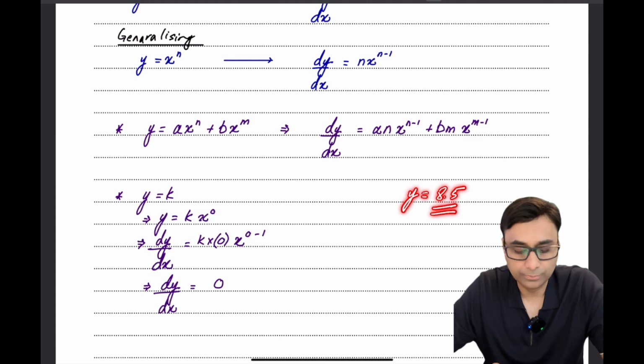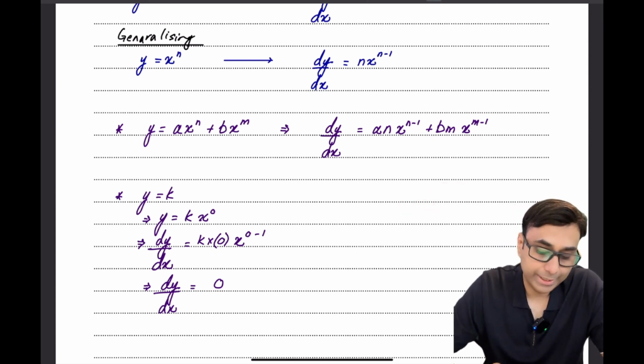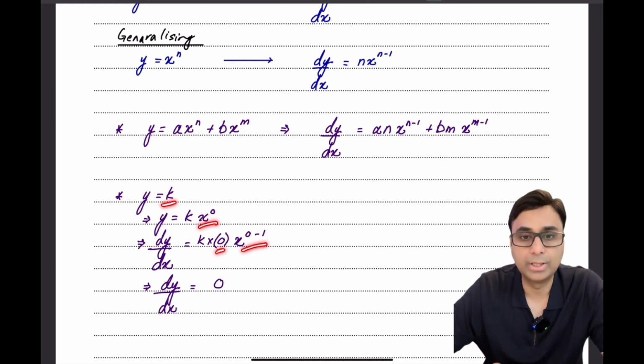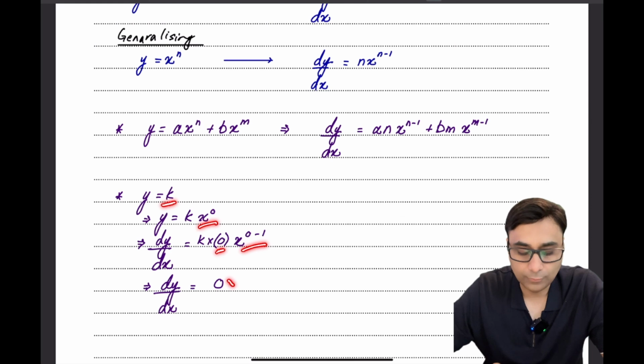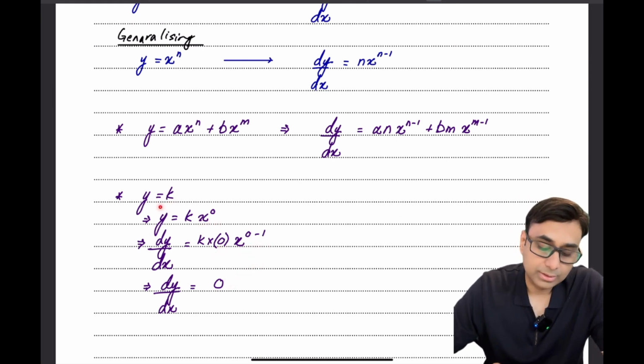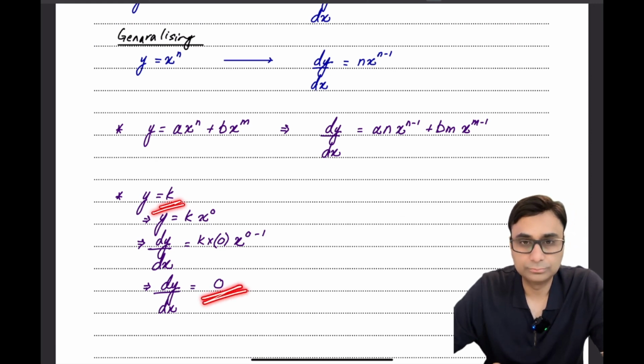It's equal to 0. Another way is that if you have a constant, then the power of x must be 0. And if you apply the formula of differentiation onto that, that is multiply power and reduce power by 1, it also becomes 0. So what are we getting from here? That any constant when differentiated is always going to become 0.